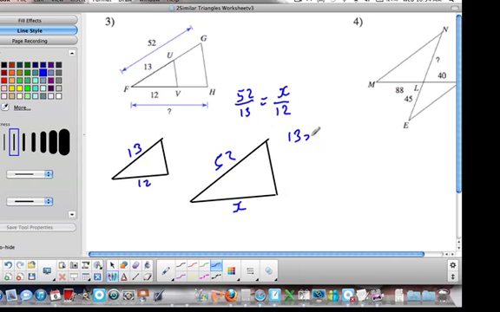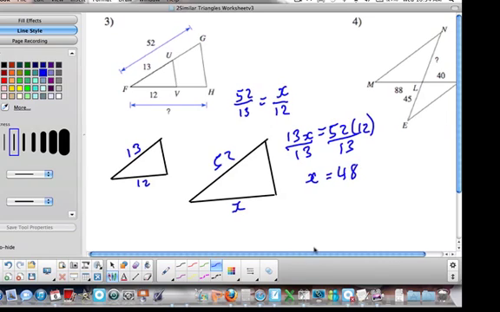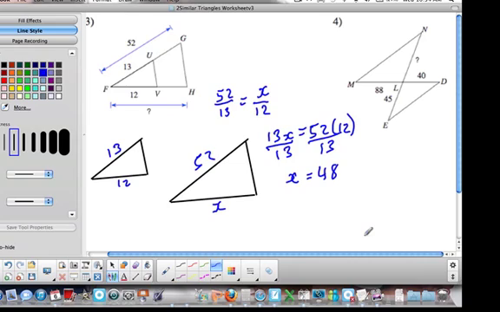This is going to be 13x is equal to 52 times 12. Divide both sides by 13. Okay, and x is equal to 48 when you do that. Okay, any questions on that?